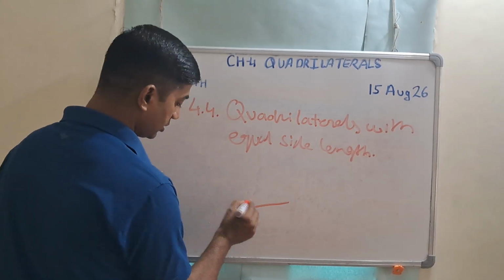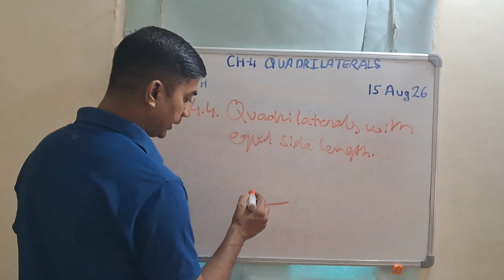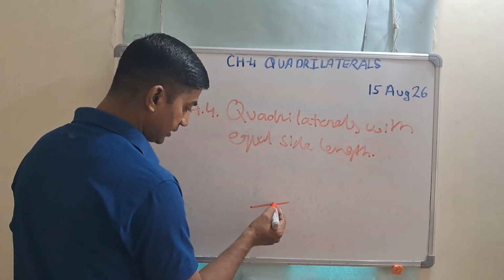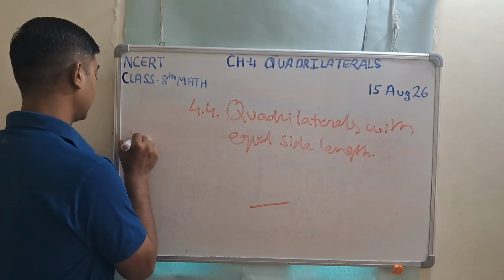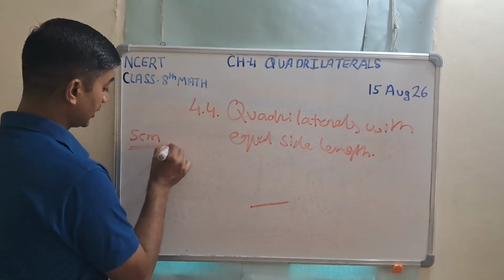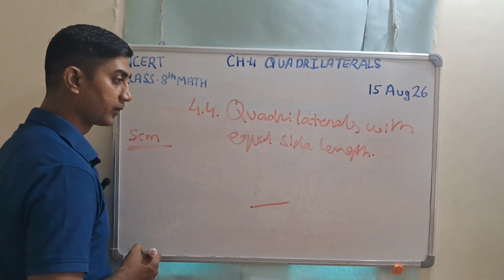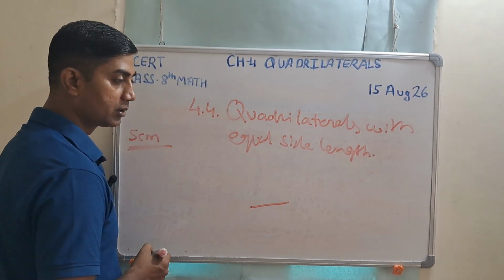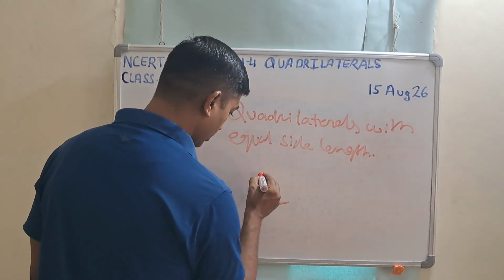draw a line segment, and draw an angle and measure this length. Say this length is 5 centimeters. With the same 5 centimeter length, make an angle which is not equal to 90 degrees. Understood?